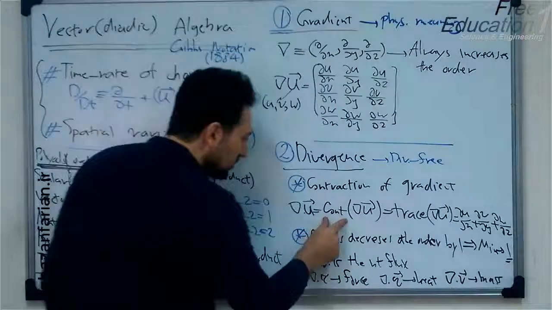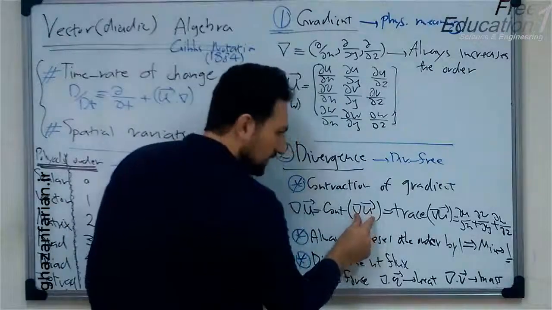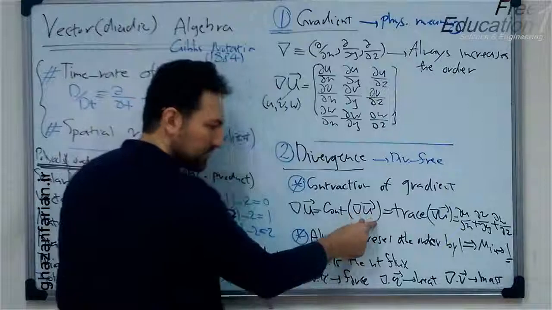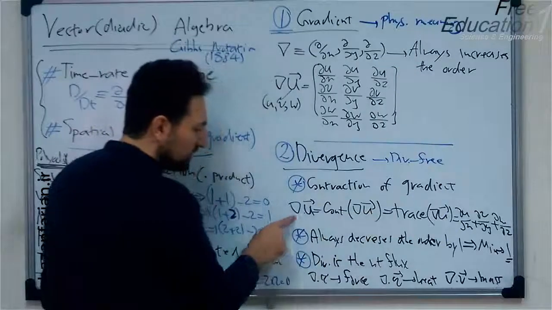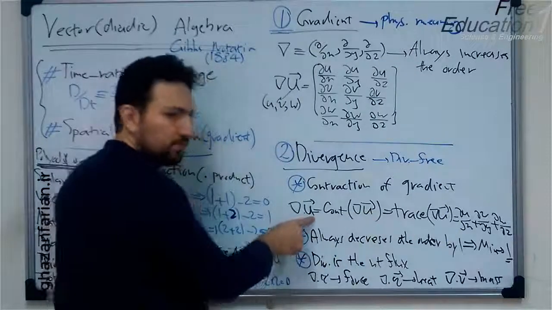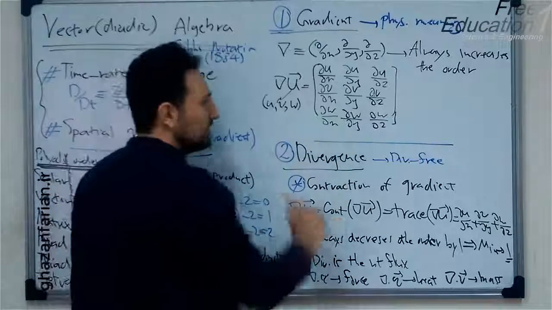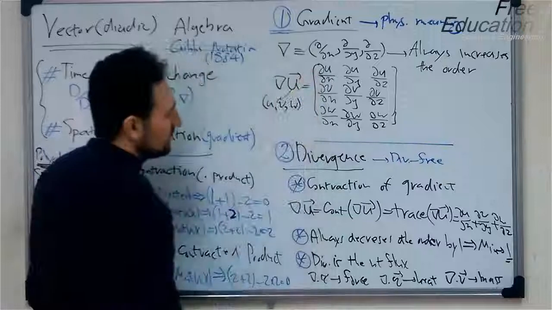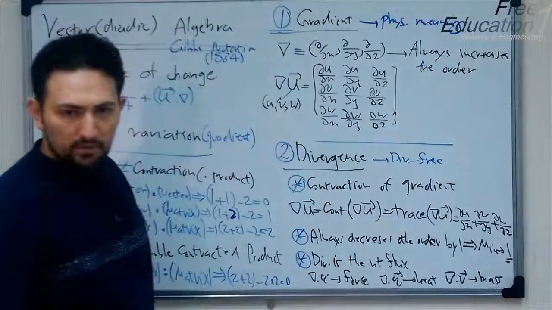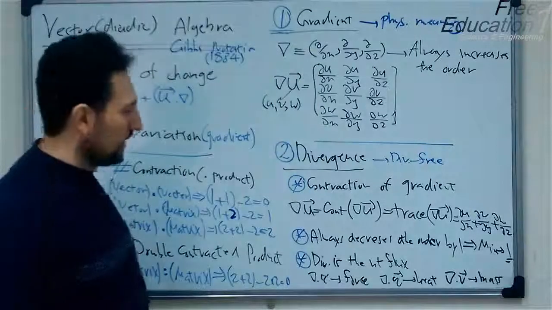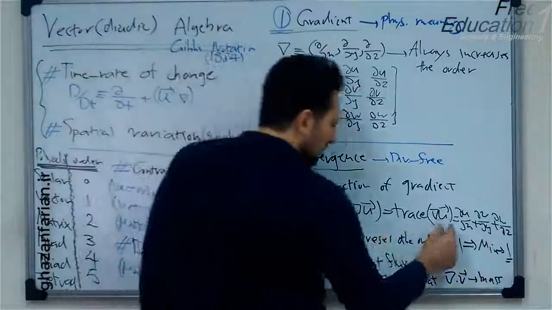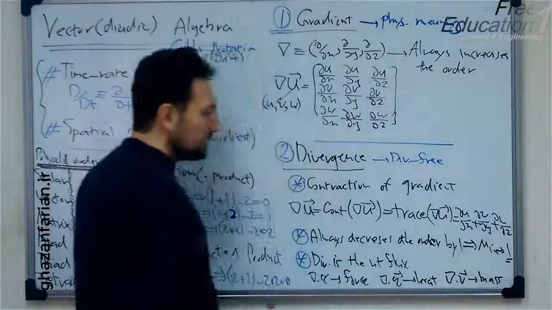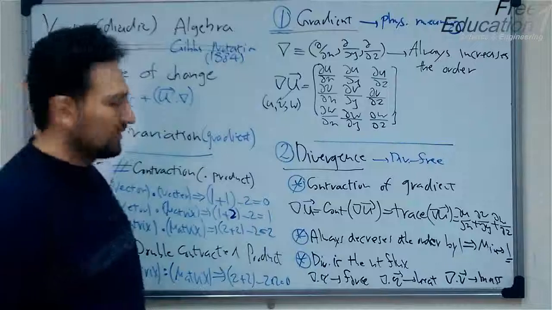So the contraction of the velocity gradient tensor or matrix, or the dot product of the del operator with the velocity, is the trace of this matrix. The trace of this matrix is the sum of partial derivatives of three components of velocities with respect to three coordinates. The trace of the velocity gradient tensor is equal to that quantity.